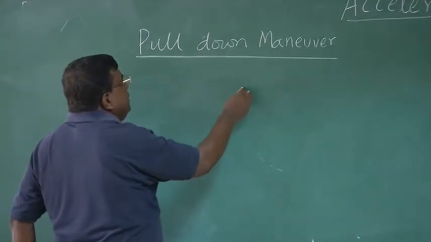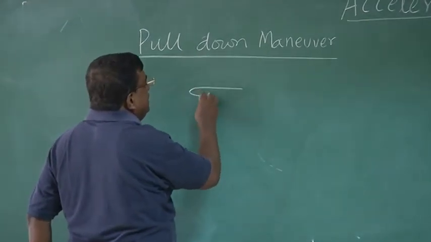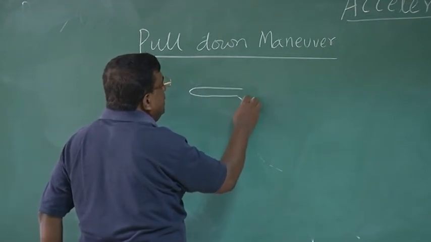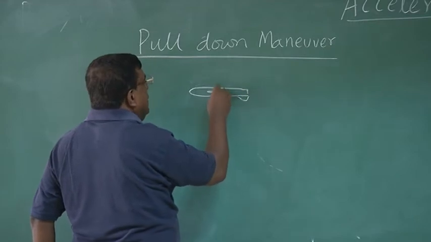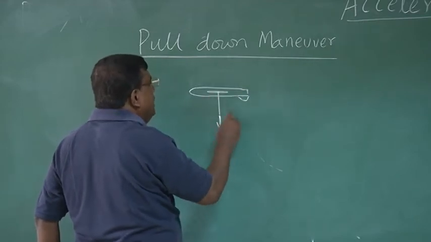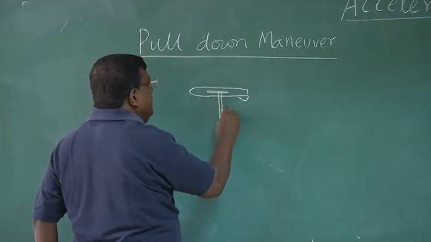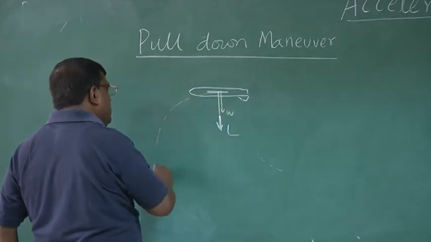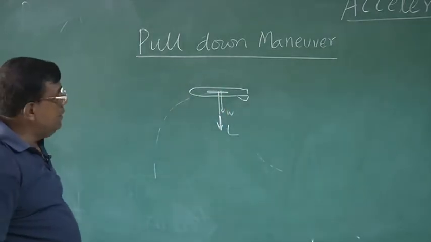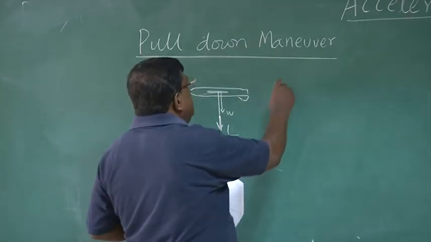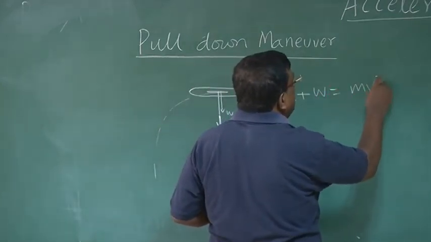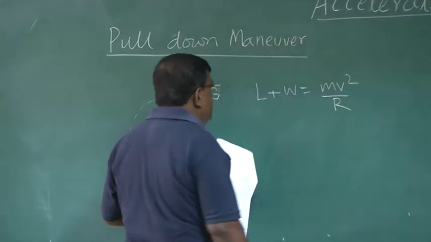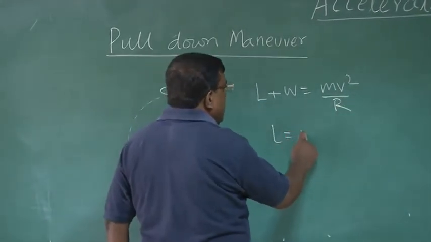Where I can, it's like inverted flight, okay? Here the lift acts downward and also the weight is acting, and it is going in a circle in a vertical plane. If I now write the same equation, L plus W will be responsible for giving centripetal acceleration, and I know L equal to nW.